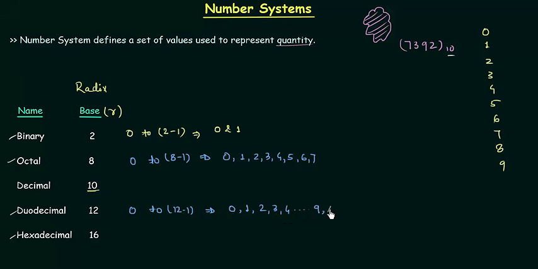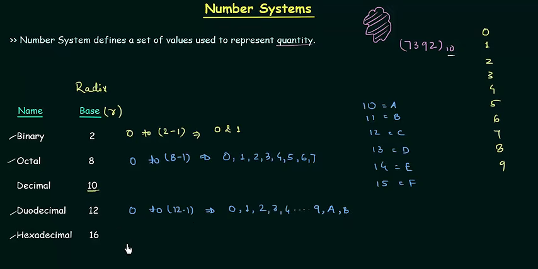And then we have A. We represent 10 as A, 11 as B, 12 as C, 13 as D, 14 as E, and 15 as F. This is how we represent 10, 11, 12, 13, 14 and 15. So 10 is A, 11 is B, and we only have 12 distinct digits from 0 to 11. So we will have 0 to B in case of the duodecimal number system.